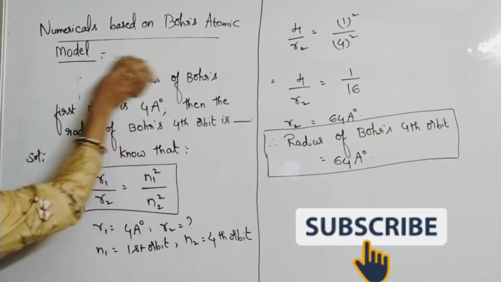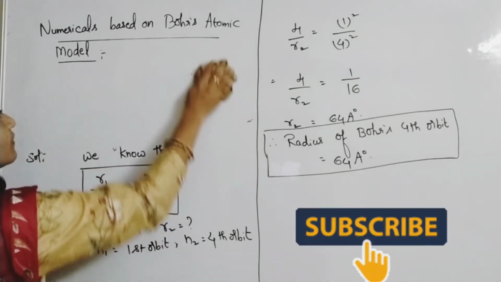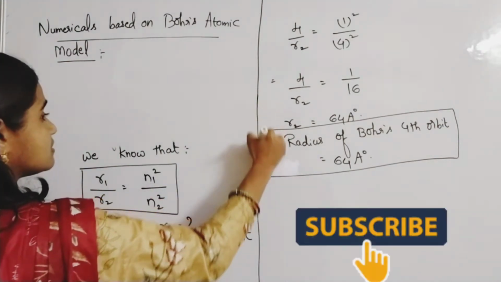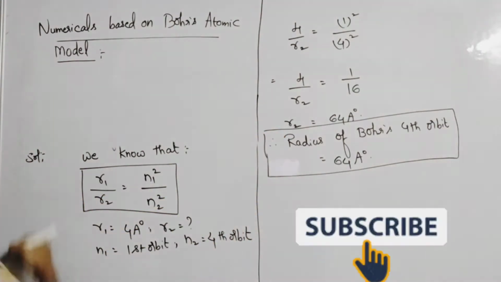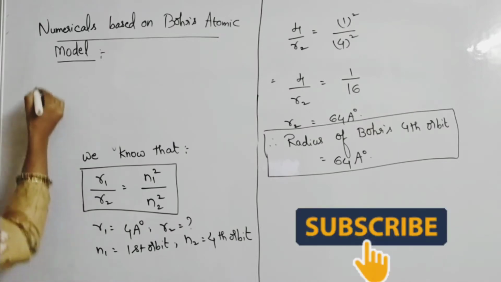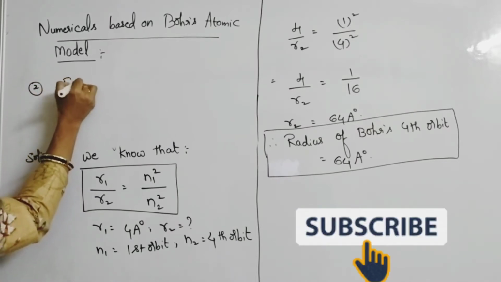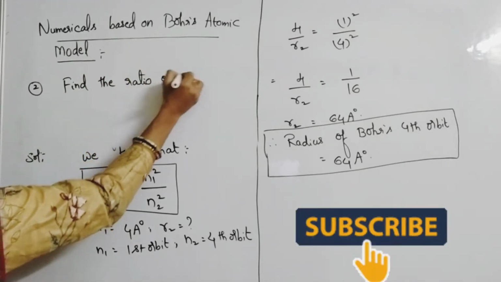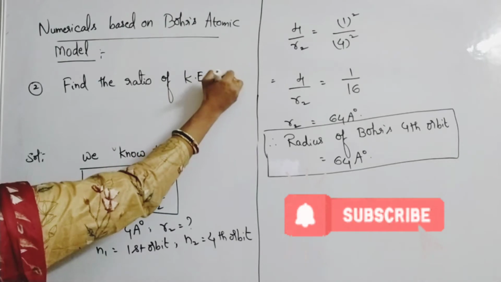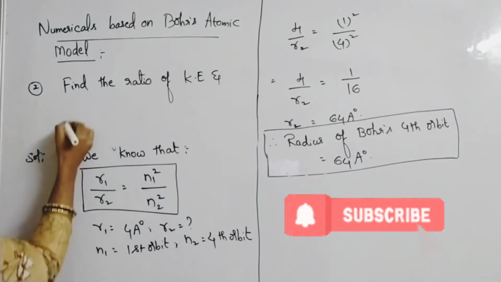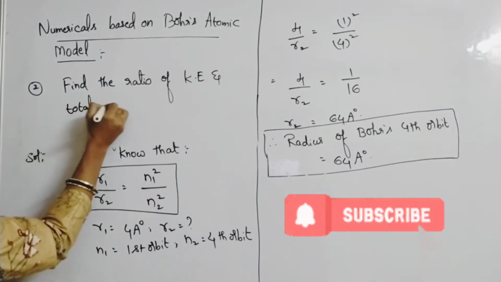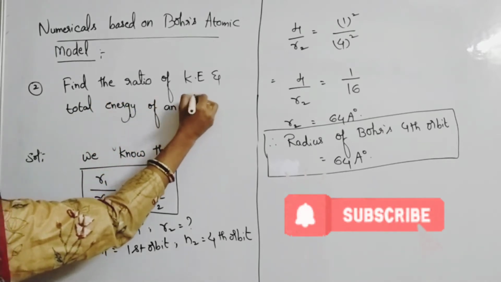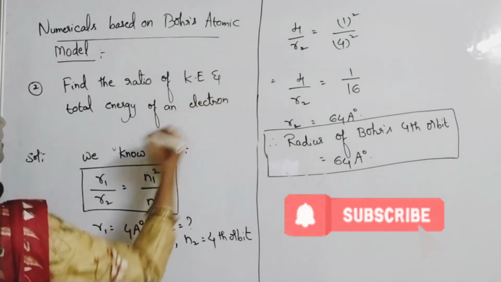Now moving on to the second question. What is your second question? Find the ratio of kinetic energy, Ke, and total energy, Te, of an electron in Bohr's orbit. You need to find the ratio of Ke and Te.